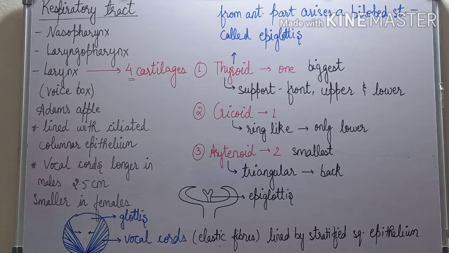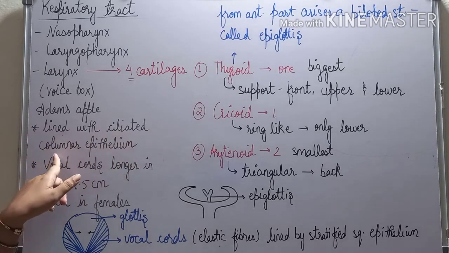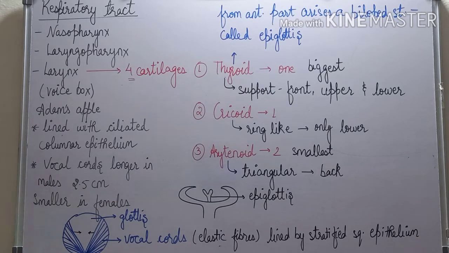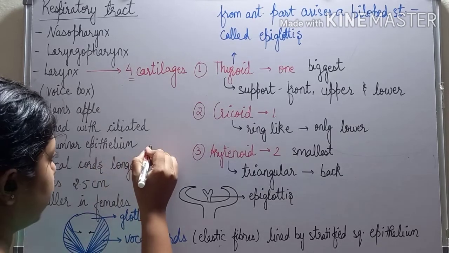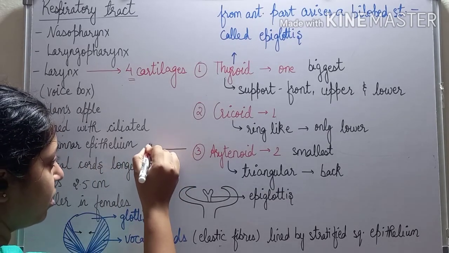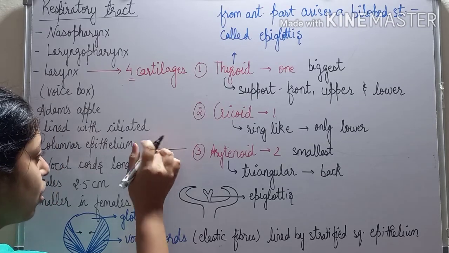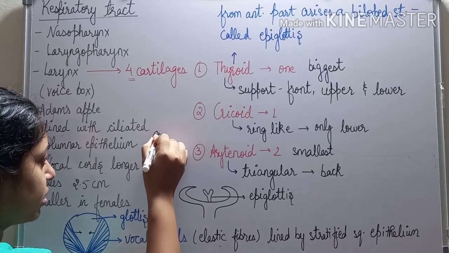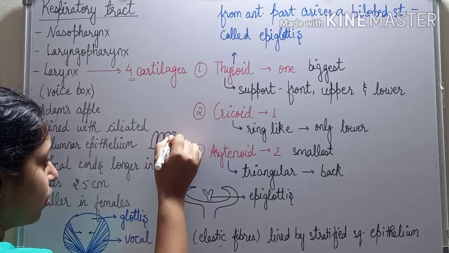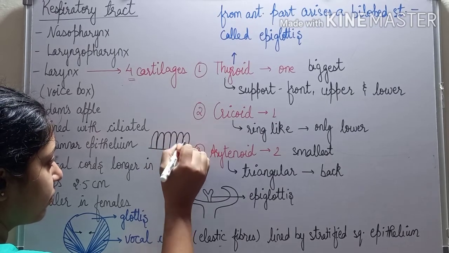Now this larynx is lined with ciliated columnar epithelium. Columnar epithelium means it has a column-like shape. Like this is the basement membrane, and this is column-like.